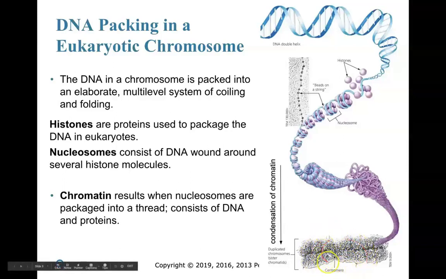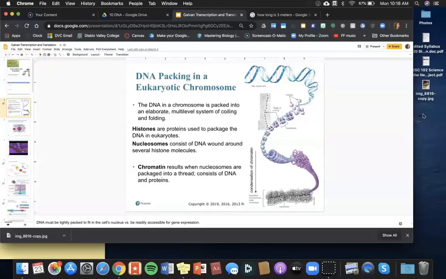So if I were to have DNA like this in my cell and stretch it out into a thin string, it would be very long. In fact, if I were to take the DNA in your cells and lay it out as a long piece of string, it would be about 6 feet long, give or take, roughly.